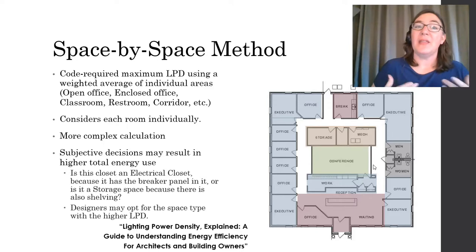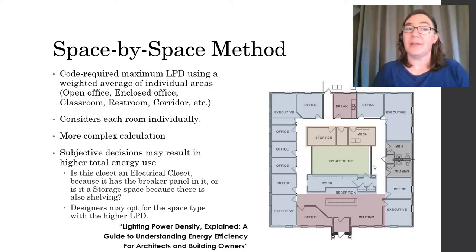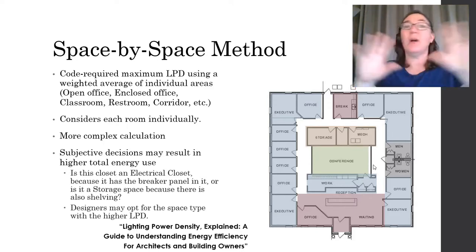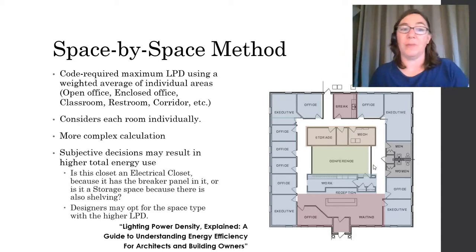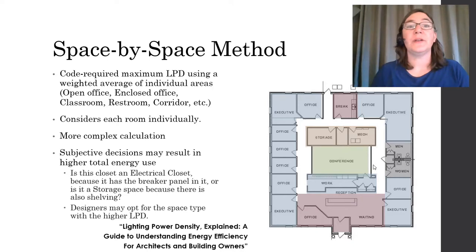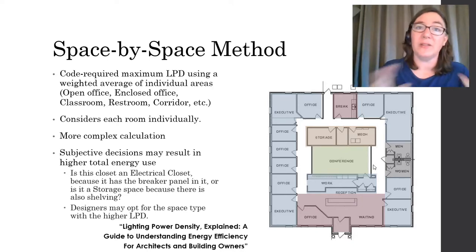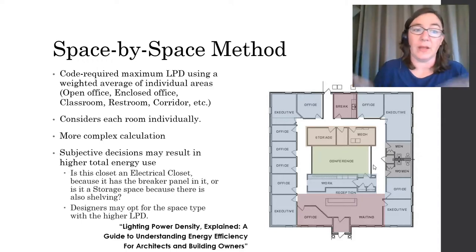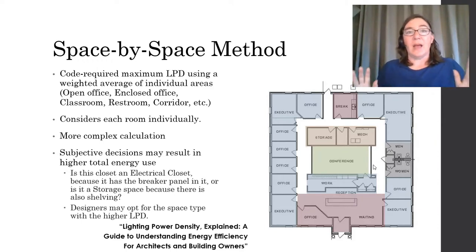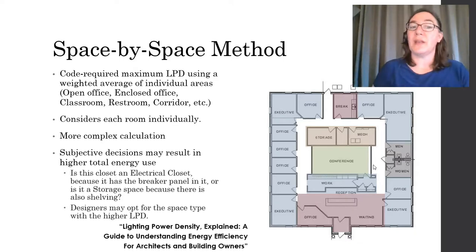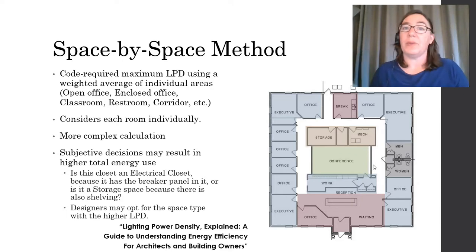In this method, the maximum lighting power density is a weighted average of all the individual areas, every room, every different area of a building, right? They're all considered individually, and therefore it's a little bit more complex. Not really, it's just a bunch of different areas added up, all right? The problem is that it can lead to some subjective decisions that can end up with higher total energy use.